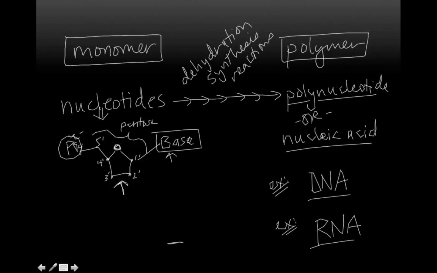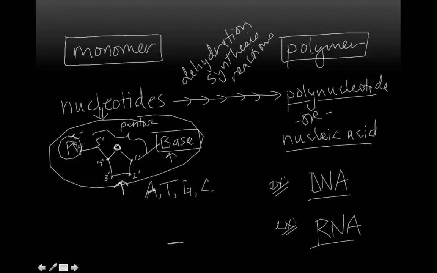DNA nucleotides can have bases that are either A, T, G, or C. So every DNA nucleotide has one base on it that is either A, T, G, or C. However, RNA nucleotides have one base on each of them that is either A, U, G, or C. So the difference in the bases is found in the thymine-uracil conversion.